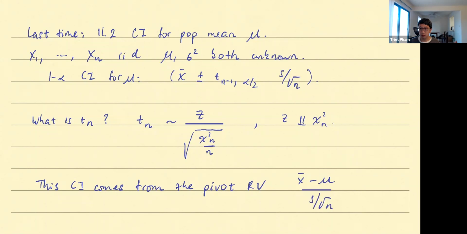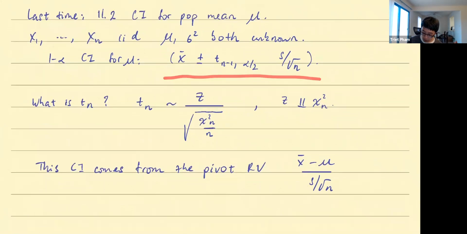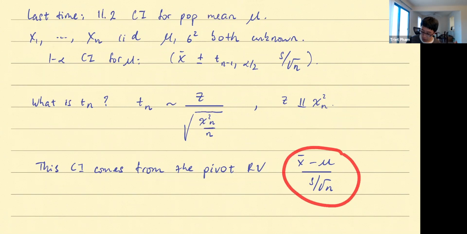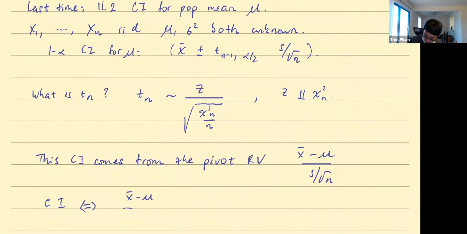Constructing this 1 minus alpha confidence interval is the same as saying that the distribution of this pivot random variable is a Tn minus 1. So the confidence interval structure is equivalent to saying that x bar minus mu divided by s over root n has a Tn minus 1 distribution.